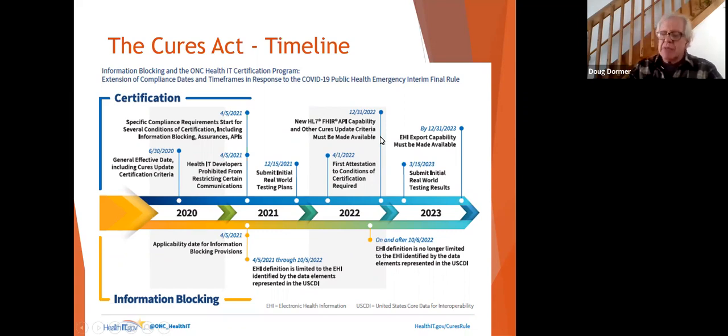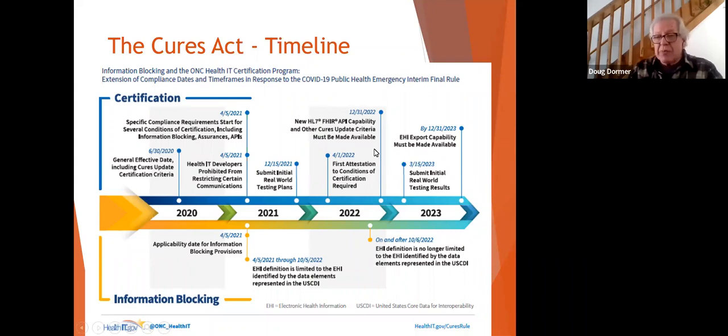That means it must be available in the certified vendor technology, and that technology must be available to the provider, two levels, in the technology and in the deployment. That was just this past December. And then, of course, they have to submit initial real-world test results and finally demonstrate by the end of this year, EHI export capability must be made available.